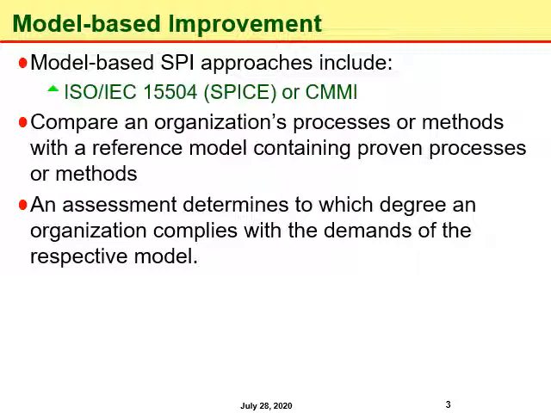Such a reference model often contains only requirements for such processes or methods that result from experience collected in successful organizations. Typically, the elements of such a reference model are associated with different levels that are supposed to reflect an organization's different capability or maturity levels. Therefore, this type of model is often called a capability or maturity model.